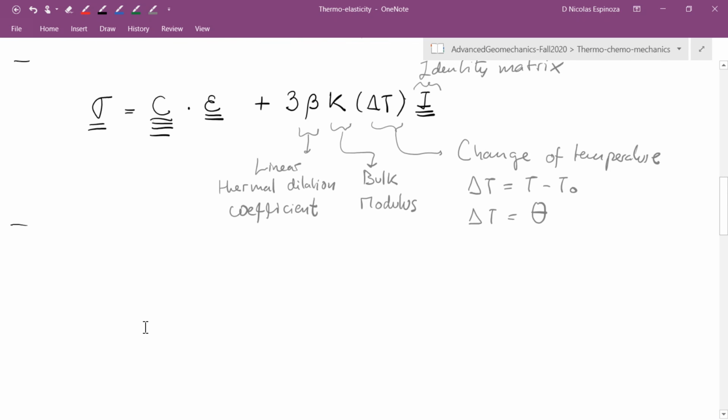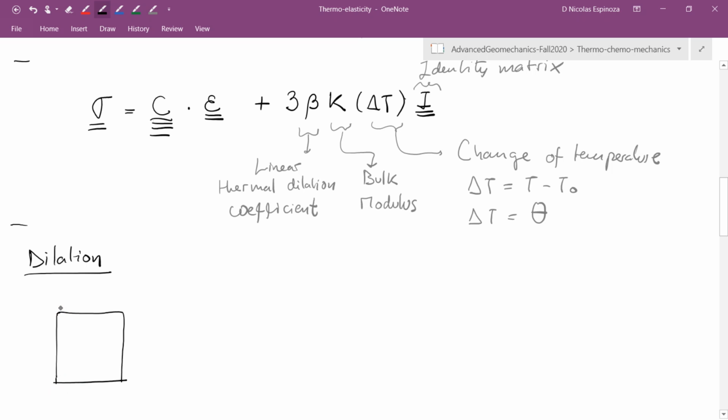All right, so I have my equation in there, and here I'm going to do an experiment of dilation. In this experiment, I'm going to have a sample or a solid in 3 dimensions.